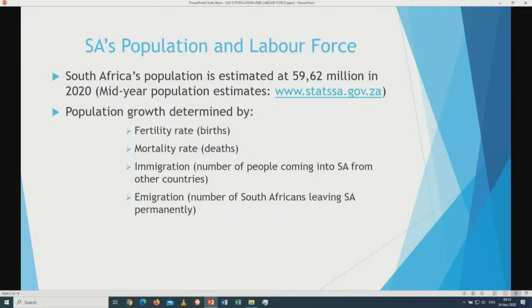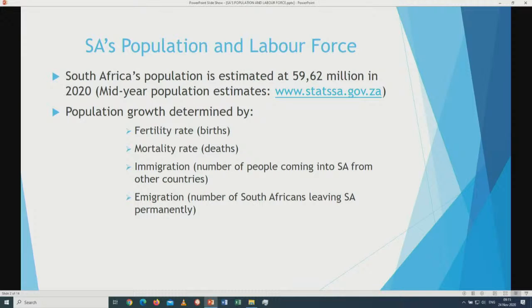And then the other factor that influences the growth of the population would be emigration: the number of South Africans leaving South Africa permanently. So these are the factors that determine the population growth rate of South Africa.